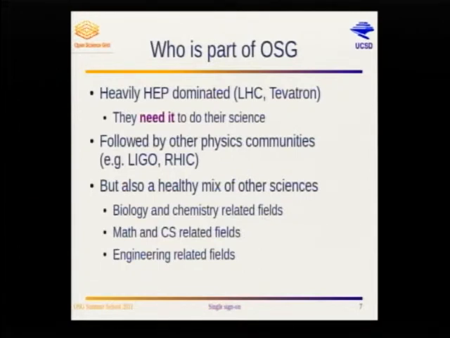But several other physics communities have also big needs for computing, so they followed shortly afterwards. But in the past few years, a lot of others have realized that grids, in the end, make sense. They have some drawbacks, but in the end, make a lot of sense, and they are joining the Open Science Grid. So today, Open Science Grid is really composed of pretty much any science you can think of.